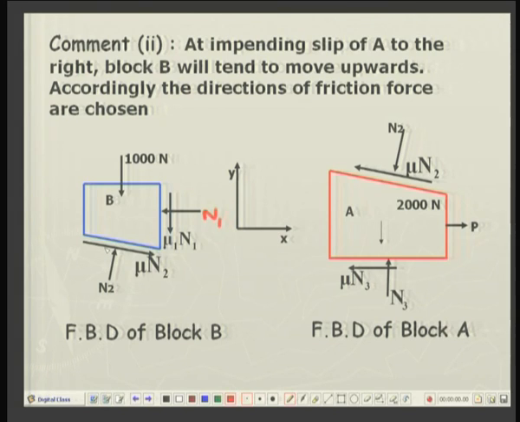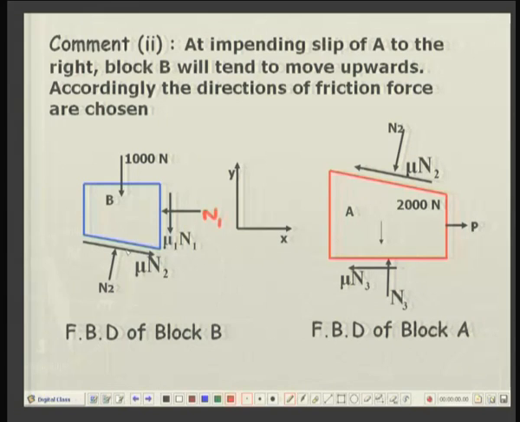Then N2 will have a vertically upward component, that is N2 times cosine of 20 degrees, and similarly this inclined force, that is mu times N2 times sine of 20 degrees, will also have a vertical component, and this will be downward.